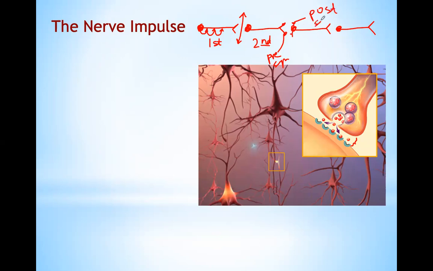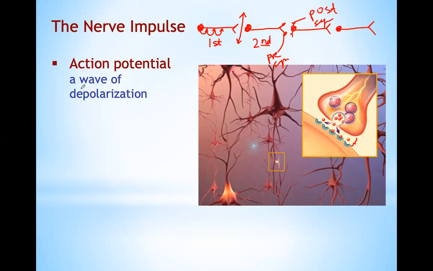So how does the impulse travel across the synapse? It travels chemically. So the presynaptic nerve fiber releases chemicals, and these chemicals are responsible for transmitting the nerve impulse from one neuron to the next. And therefore, we call these chemicals neurotransmitters.